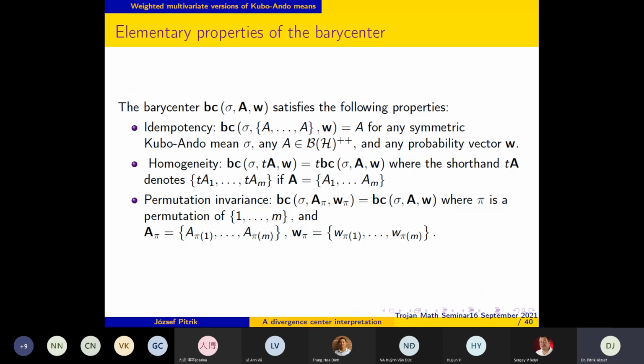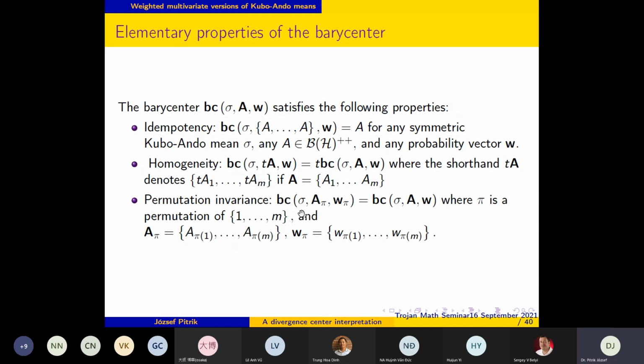At the end of my talk, let me list some further properties of the barycenter. These properties are expected from a barycenter. The first one is idempotency. So when all operators coincide, the barycenter is A. It's homogeneous, so we can take t before the barycenter.